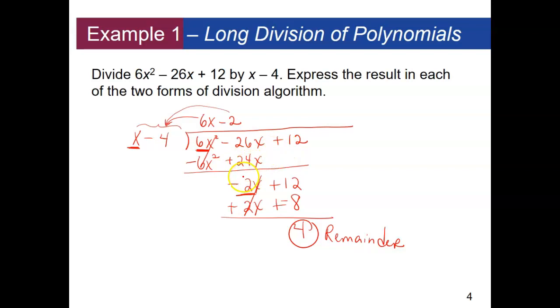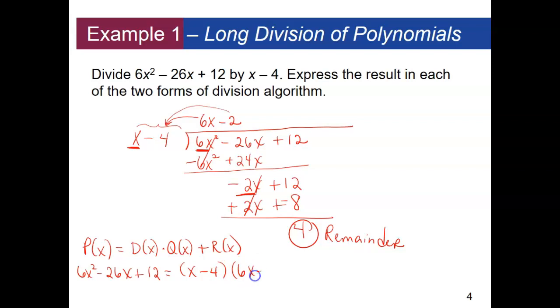As far as writing these expressions, we said the polynomial was equal to the divisor times the quotient plus the remainder. Our polynomial was 6x squared minus 26x plus 12, so that's going to be equal to my divisor times my quotient plus my remainder. That's one of the formats for the division algorithm.